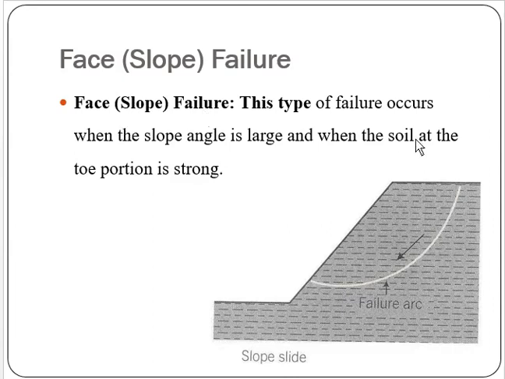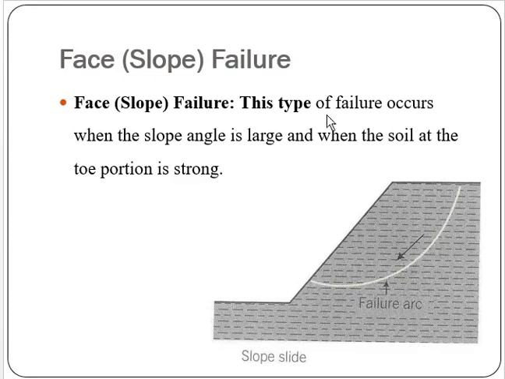This type of failure occurs when the slope angle is large and when the soil at the toe portion is strong. This corner here is known as the toe. When the failure occurs above this toe, it is known as face failure, slope failure, or slip failure. Okay, failure above this toe surface.